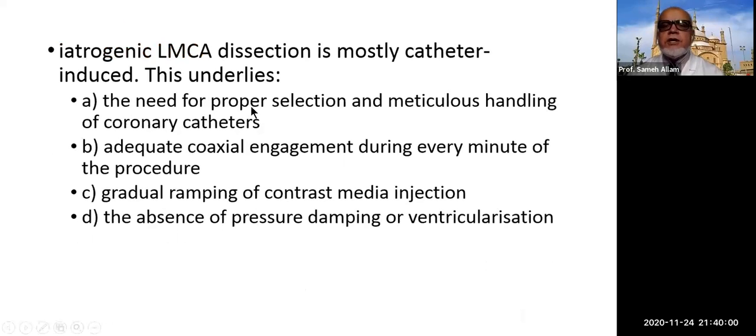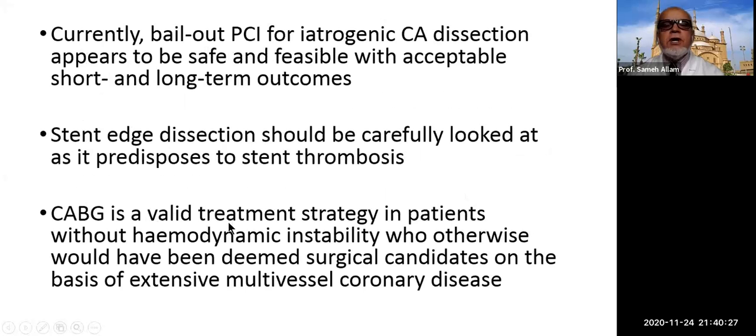Iatrogenic left main coronary artery dissection is mostly catheter-induced. That's why there is a need for proper selection and meticulous handling of the coronary catheters, adequate coaxial engagement during every minute of the procedure, and gradual ramping of contrast media injection, especially in the absence of pressure damping or ventricularization.